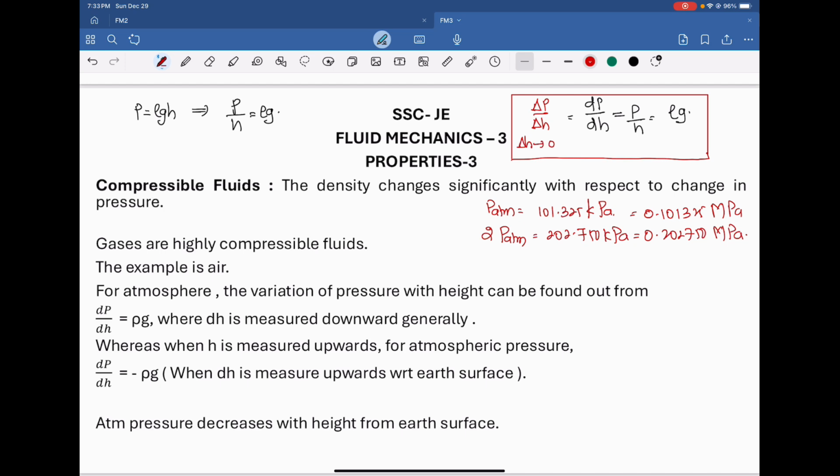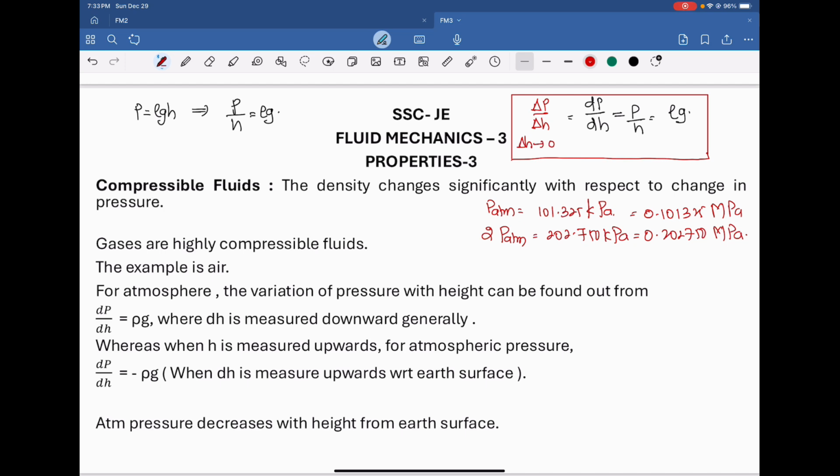Whereas failure stresses will be of a very big value. We are not talking about the failure stresses and ultimate strengths that we will be dealing with in the mechanics of solids. Solids are not fluids at all.